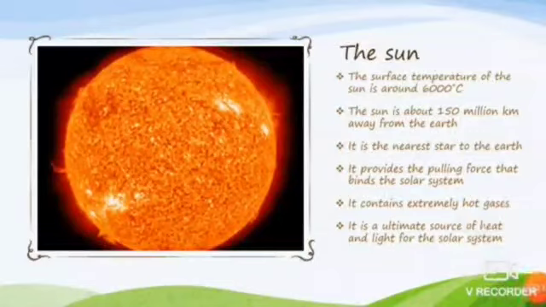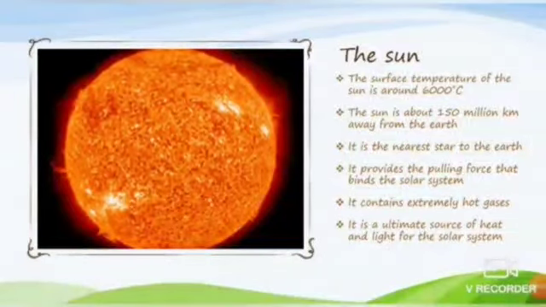Do you know, students, how big the sun is? 13 lakh earths can fit inside the sun. You can imagine how big the sun is. Think and respond.